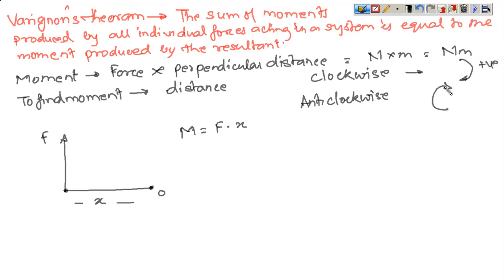If it is anti-clockwise in nature, it is taken as negative. So with respect to this point, the force tends to rotate the body in clockwise direction, so it is termed a positive moment of magnitude F into X.